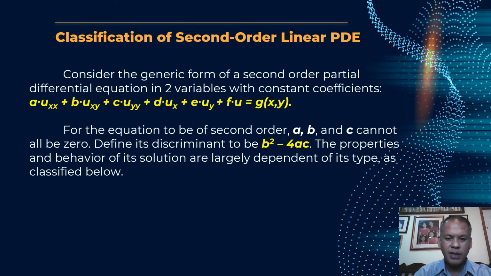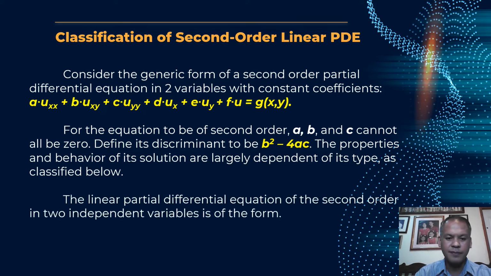For the equation to be the second order, a, b, and c cannot all be 0. Define its discriminant to be b squared minus 4ac. The properties and behavior of its solution are largely dependent on its type as classified below.